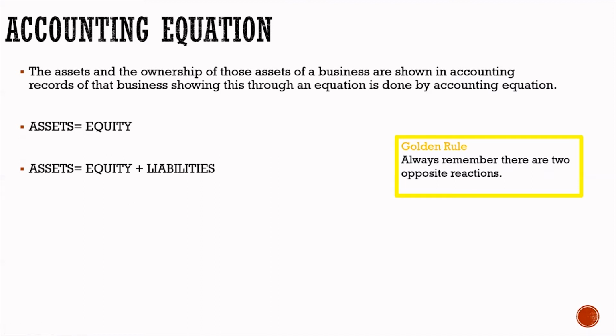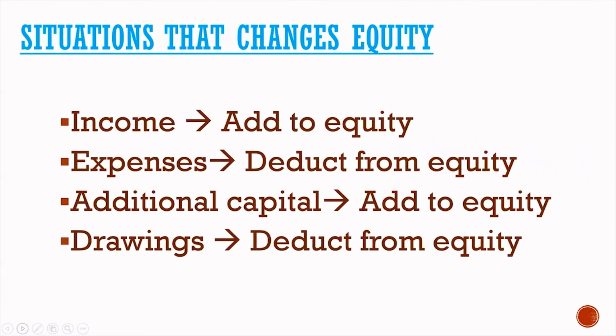I hope you remember in science Newton's third law: every action has an equal but opposite reaction. In a similar way, all these equations have opposite reactions or else equal reactions at times. So both sides should be balanced, right? Both these sides should definitely balance.